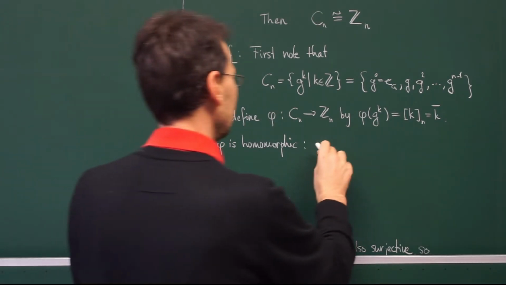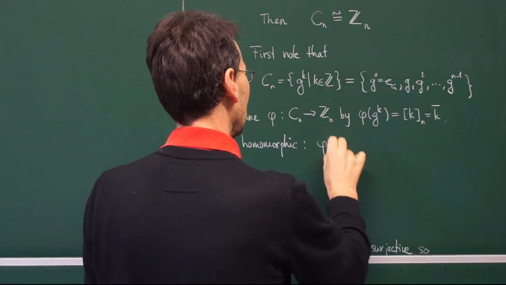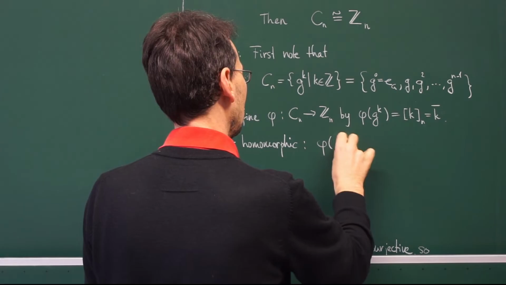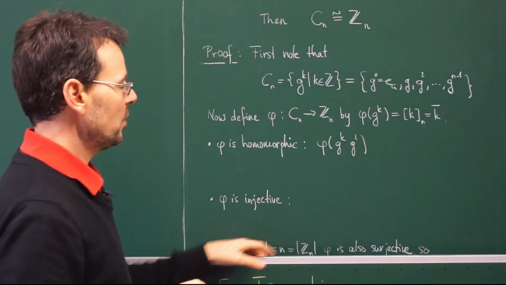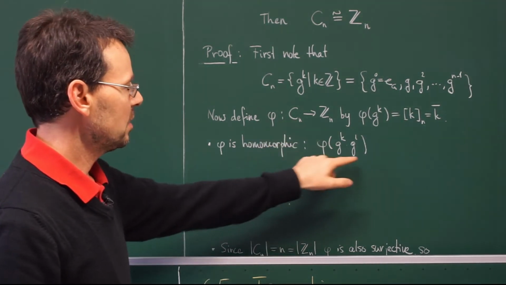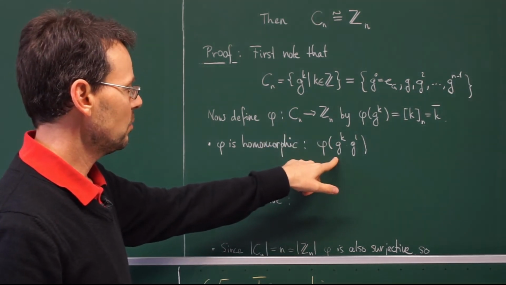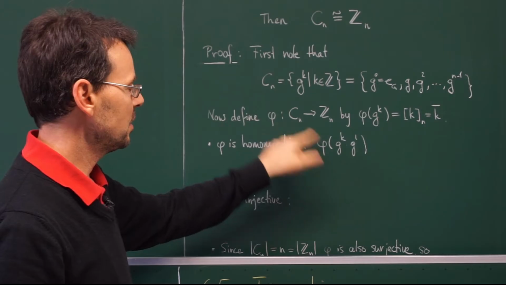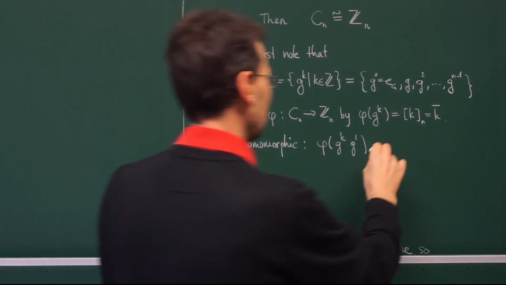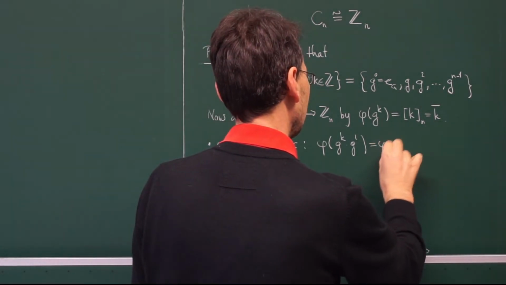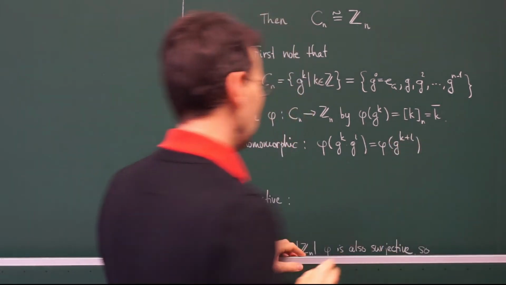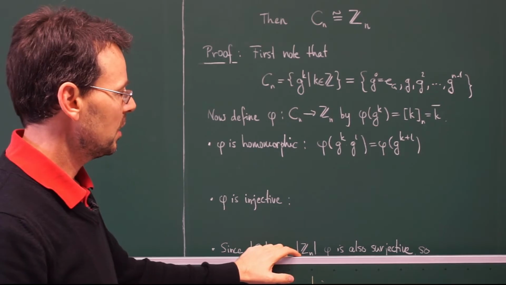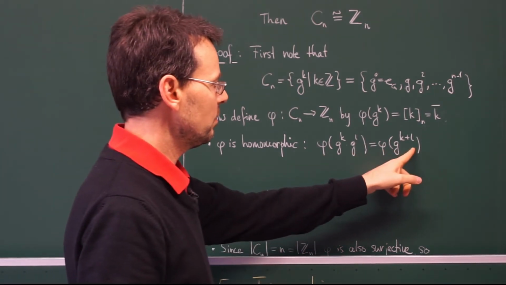So first of all, is it homomorphic? So we start with this here. All the elements look like that, powers of g, so two arbitrary elements of this cyclic group can be written like that. Now, by a power rule that we proved a long time ago, this can always be written like that.